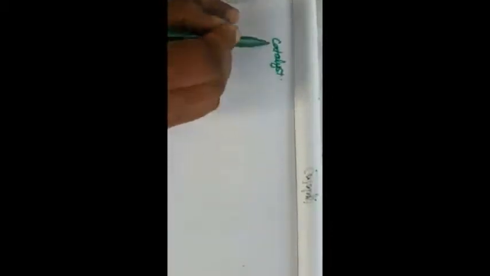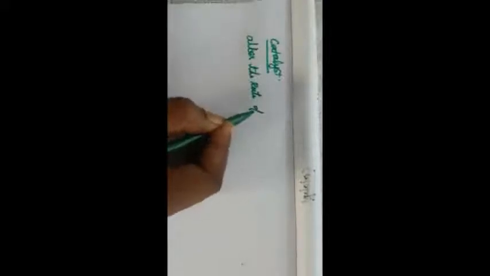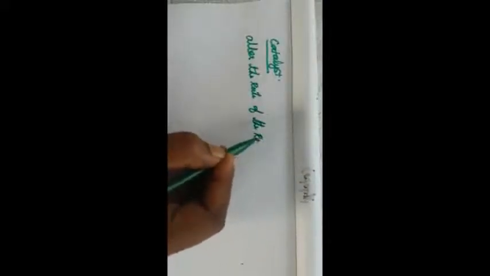First, what is meant by a catalyst? A catalyst is a substance that changes the rate of the reaction. It alters the rate of the reaction, but it does not change the reactant and the product.